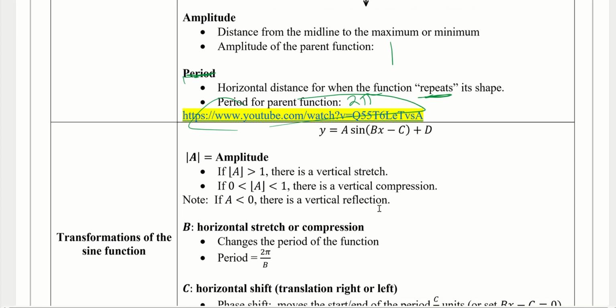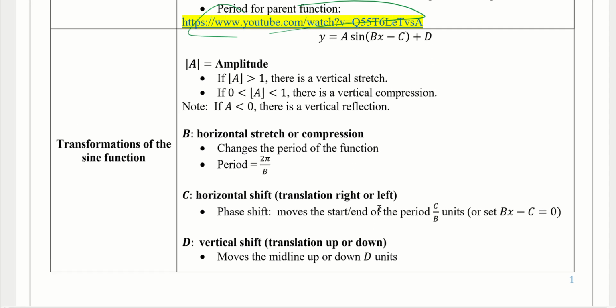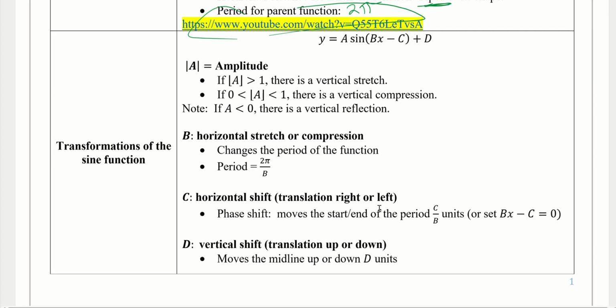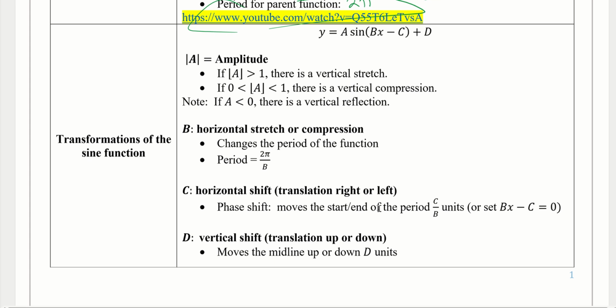Cool. Now, I'm not going to dive too much into cosine when we get to it, because it's the same idea. So this is, quote unquote, again, it's not HK, but it kind of does the same stuff as our HK that you've seen a million times.